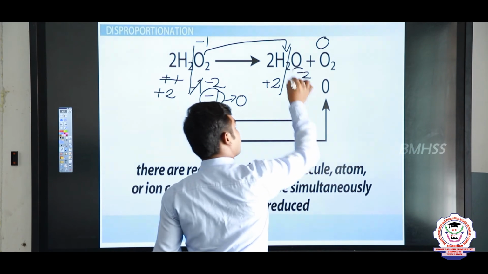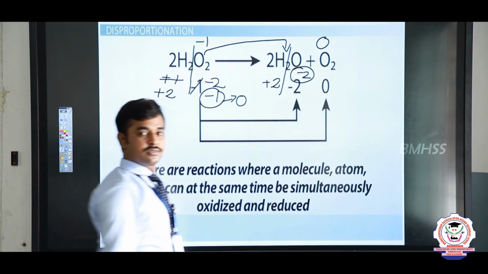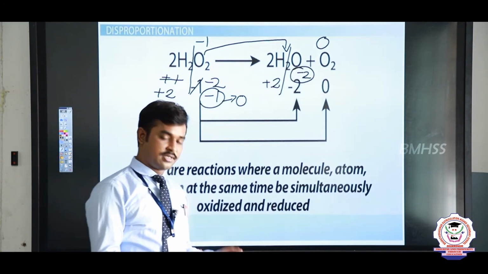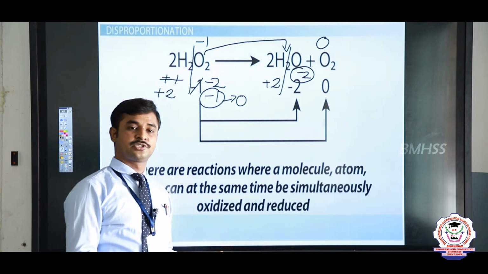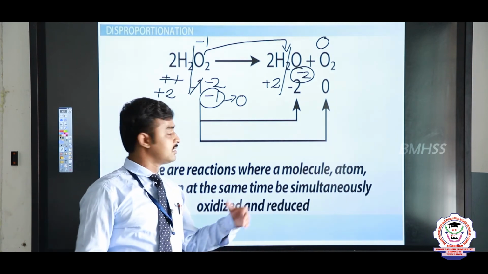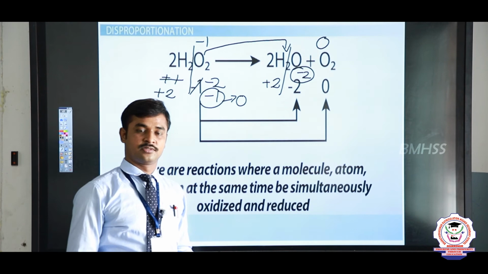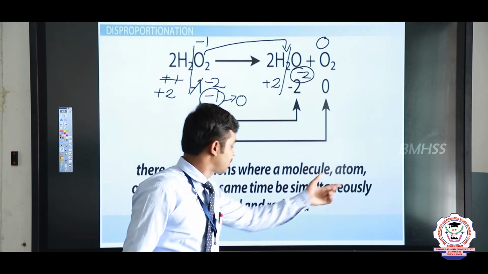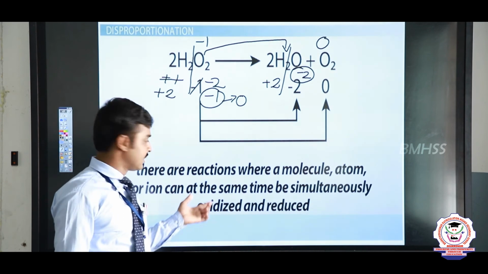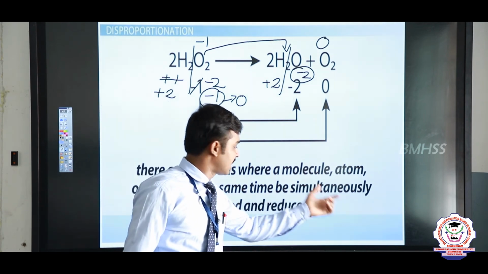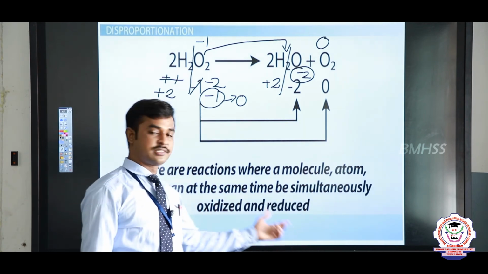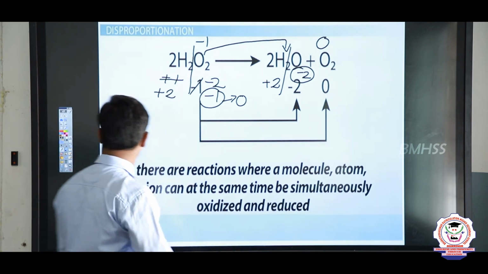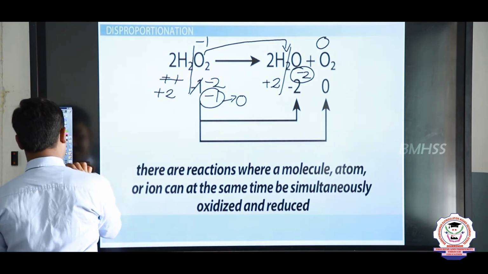So, here oxygen has -2 charge. So, at the same time the oxidation state of oxygen is increased and decreased. So, this is the disproportionation reaction. There are reactions where a molecule, atom or ion can at the same time be simultaneously oxidized and reduced. This is the disproportionation reaction.